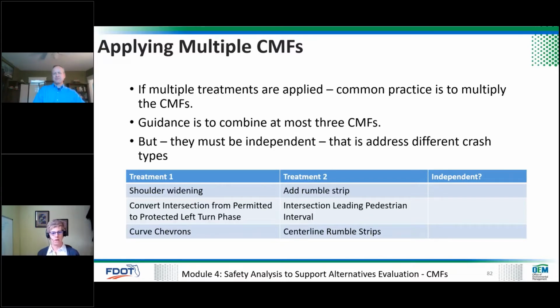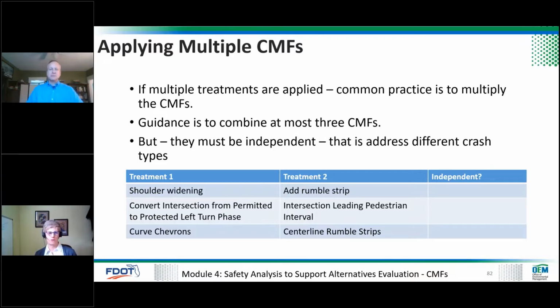So, I'm going to use my slide here to start talking about this. If there's a CMF for shoulder widening, and there are also CMFs for adding shoulder rumble strips, those two probably affect the same type of crashes. So they're probably not independent. So I wouldn't account for the benefits of both of those when estimating my future safety performance. I would pick the most conservative or the highest CMF.